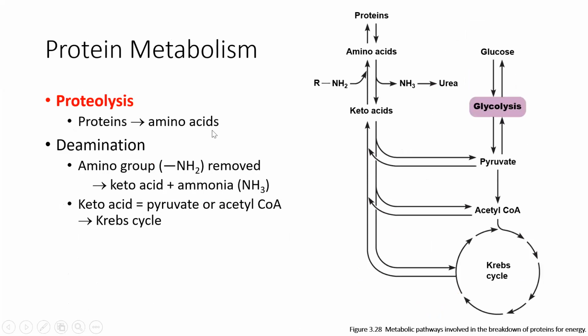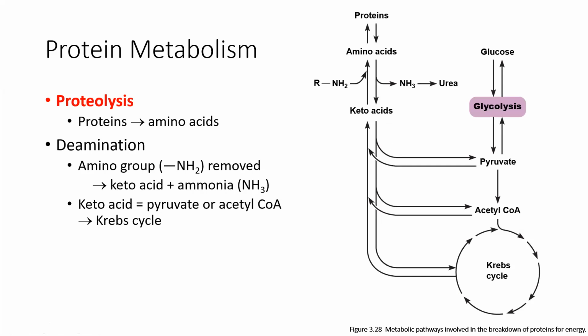Okay, the final molecule that we can oxidize or break down or catabolize here is proteins. And again, that huge disclaimer that I made earlier, this really only happens on a need basis in severe starvation states. So this process is called proteolysis, where we break proteins down into amino acids. And then from those building blocks, those amino acids, we can then convert that into several different substrates here.